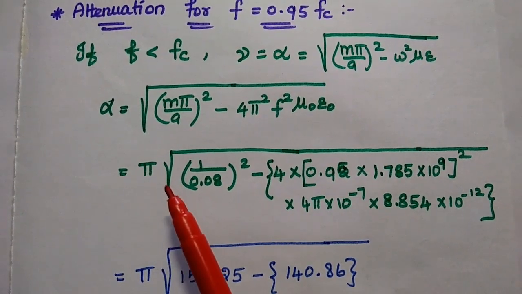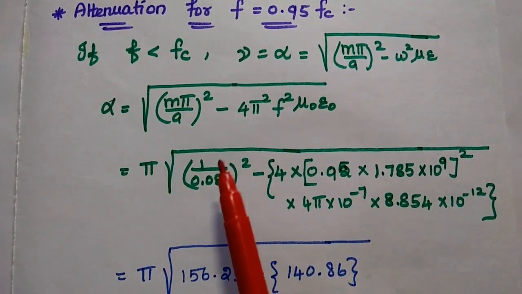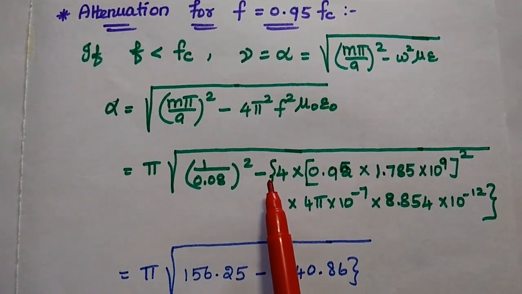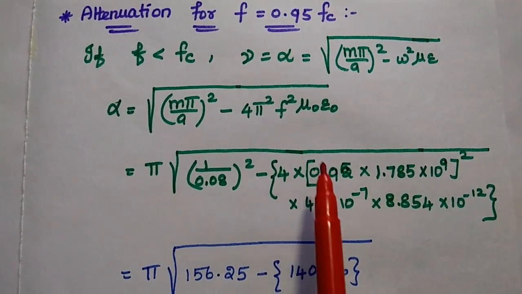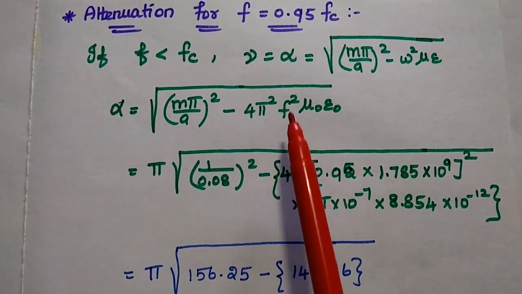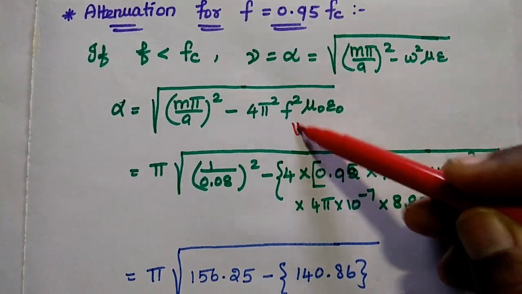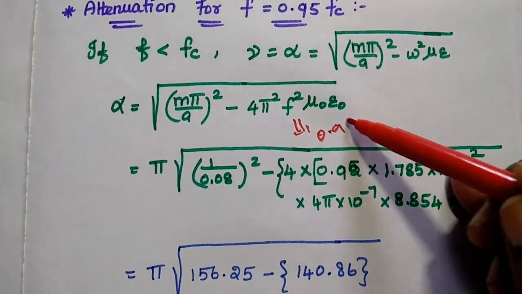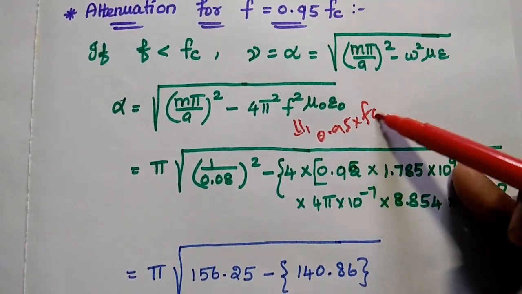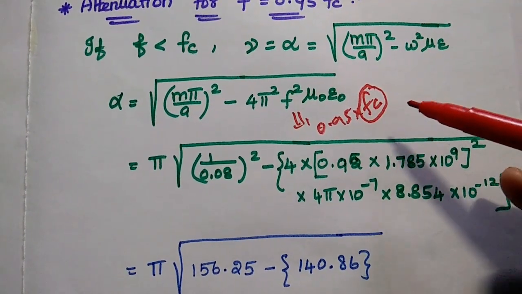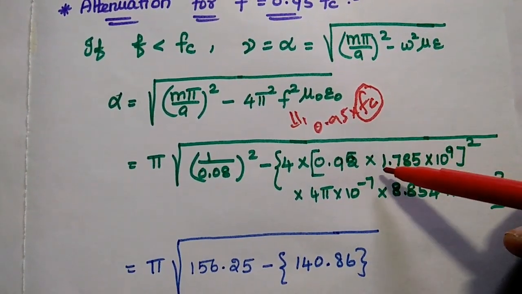So here pi into square root of m value is 1, a value is 0.08, the whole square minus 4 into f value. What is f value? 0.95 fc. Correct. This f value is 0.95 into fc. We have already calculated this value fc, right? So we have to substitute this value here.